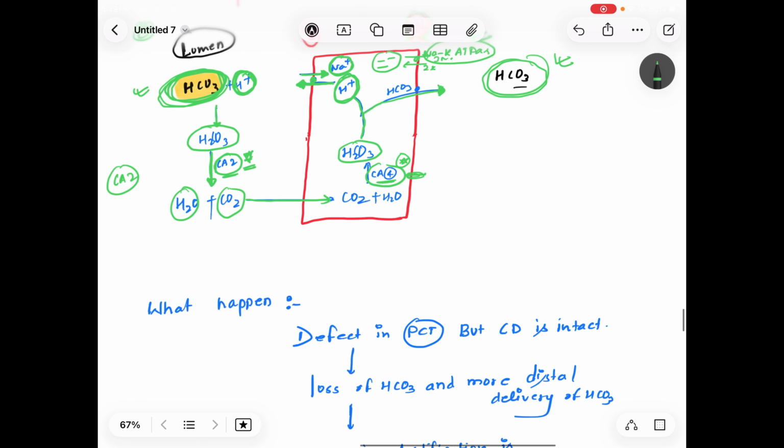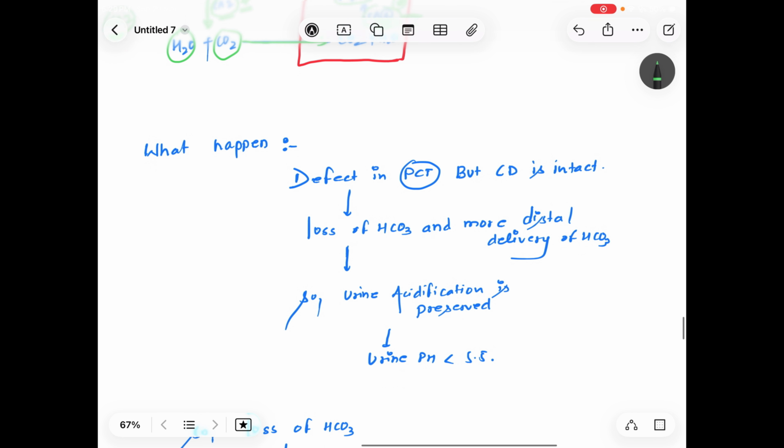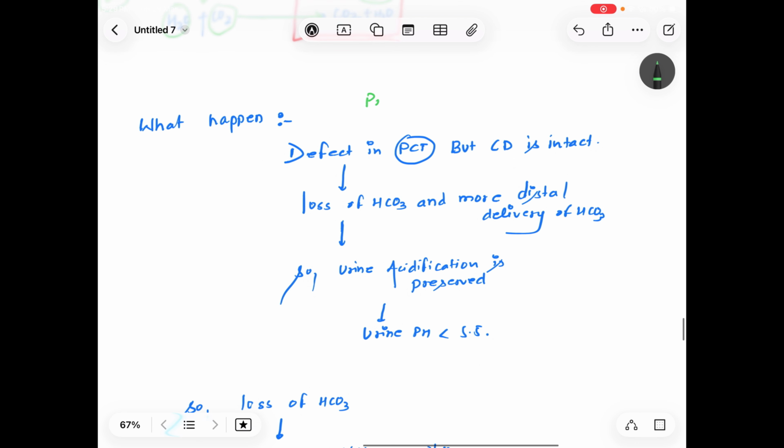Now, as we know, in proximal RTA there is defect in proximal convoluted tubule, but the collecting duct is intact. So due to defect in PCT, there is loss of bicarbonate which causes metabolic acidosis, and this bicarb goes to the distal parts.